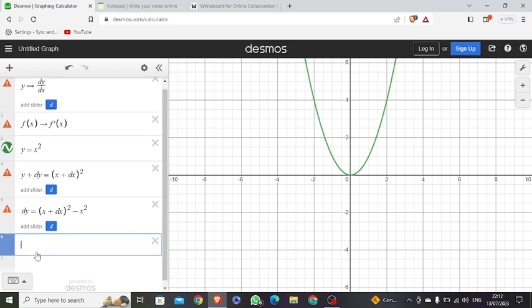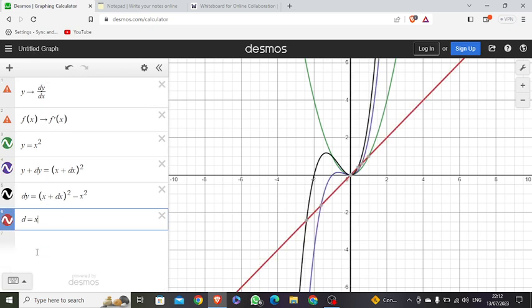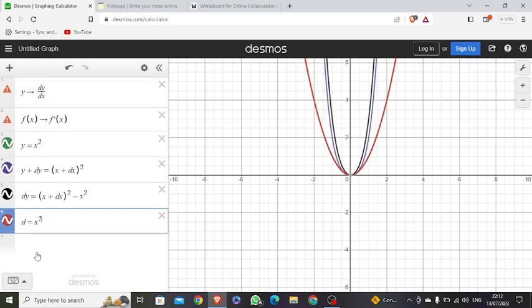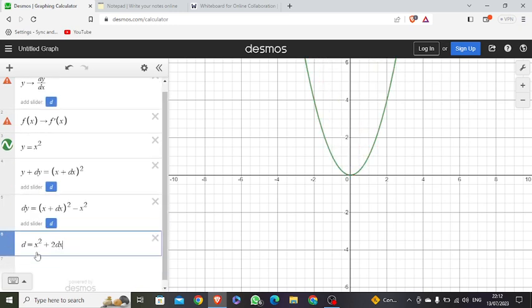So dy equals x squared plus 2x dx plus dx squared minus x squared.